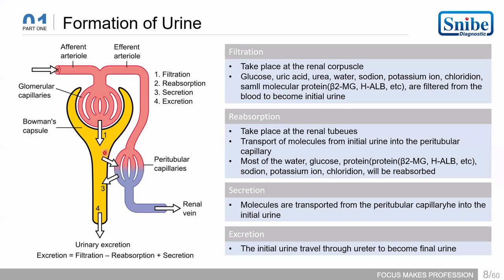The second step is reabsorption, which takes place at the renal tubules, with peritubular capillaries near the Bowman capsule area. This is the transportation of molecules from the initial urine into the peritubular capillary. Most of the water, glucose, protein, beta-2 microglobulin, albumin, sodium, potassium, and chloride will be reabsorbed.